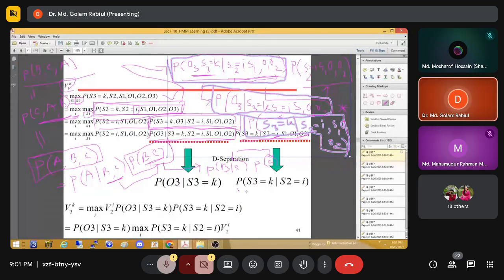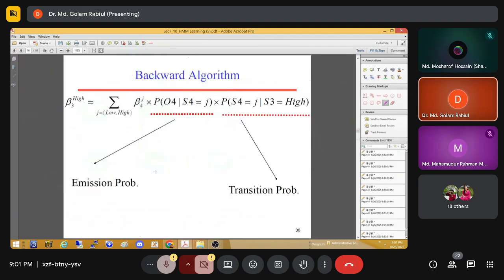This probability we can rewrite as probability of state 3 equal K given state 2 equal I, not on other states and observations. Similarly, for this one, observation 3 will depend on state 3, not on other states and observations.